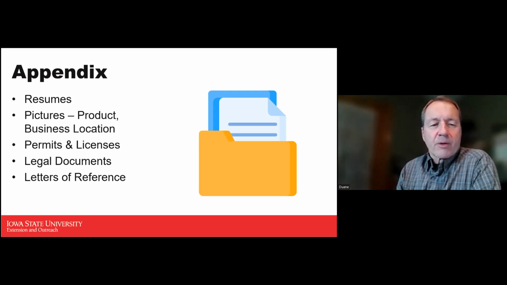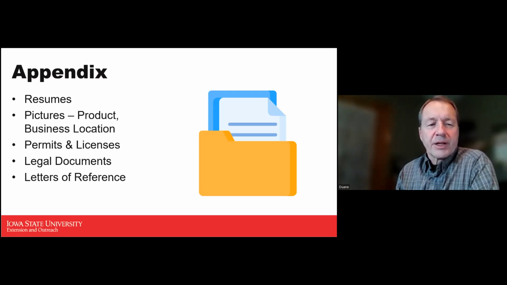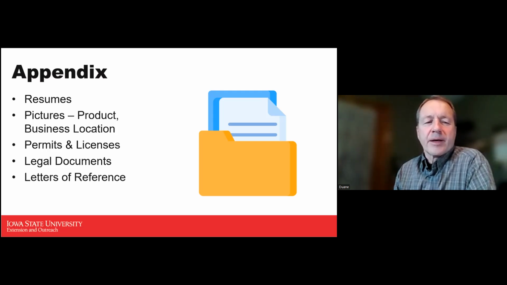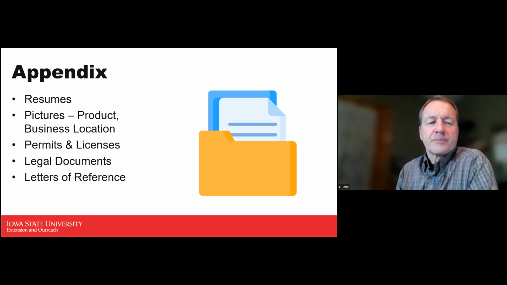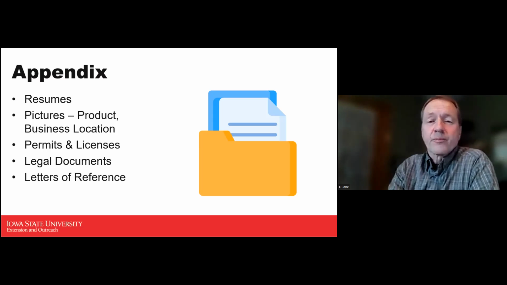And sometimes you'll get a letter of reference. It's nice to have if you get them. Maybe your real estate agent gives you a letter of reference. A local business person gives you a letter of reference. Someone just to vouch for you or to support you in your cause. Maybe a supplier.